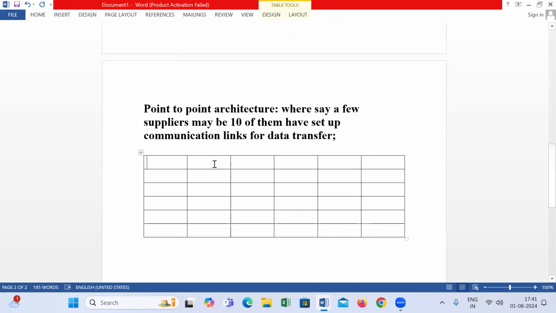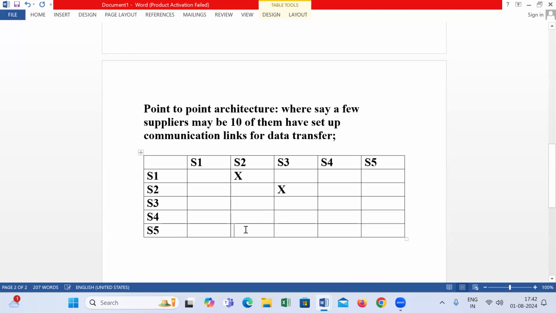I have here supplier S1, S2, S3, S4, and S5. Similarly here, I have S1, S2, S3, S4, and S5. So we can say that these two have set up a link because they want to communicate with each other. Similarly, S2 and S3 have set up a link.